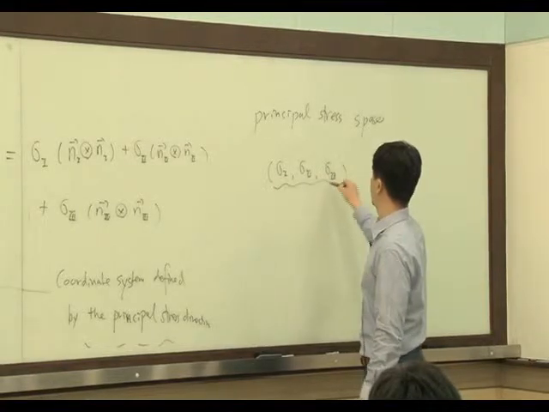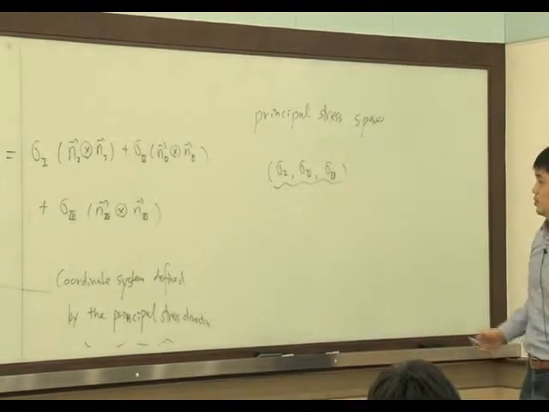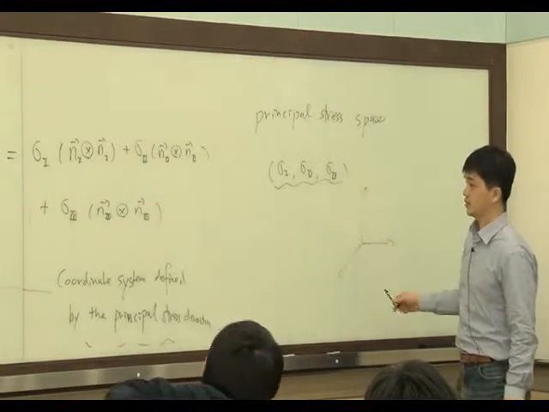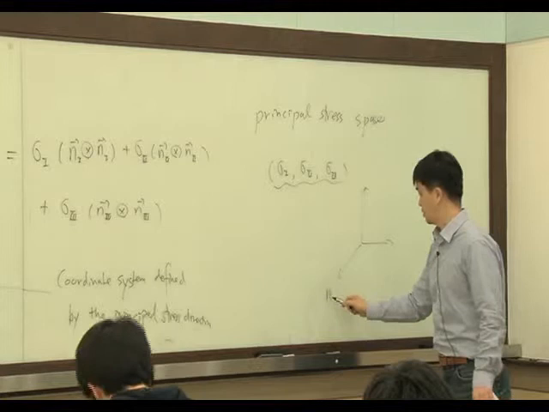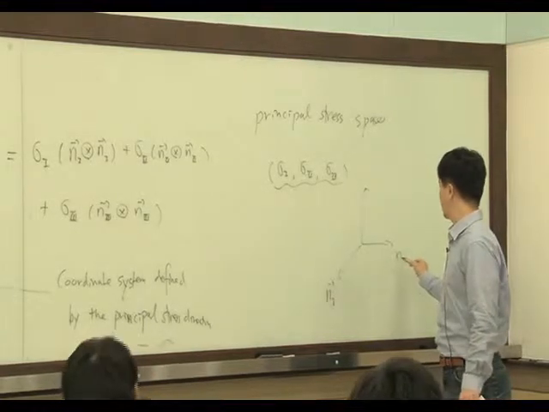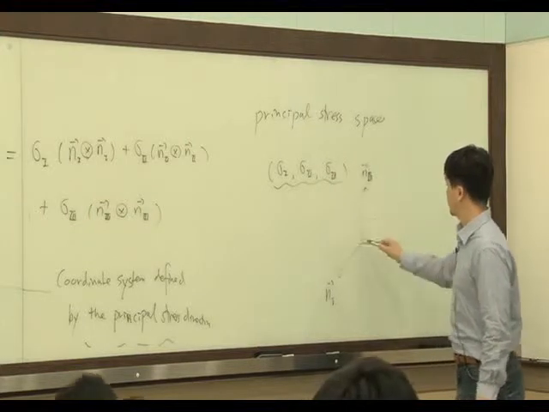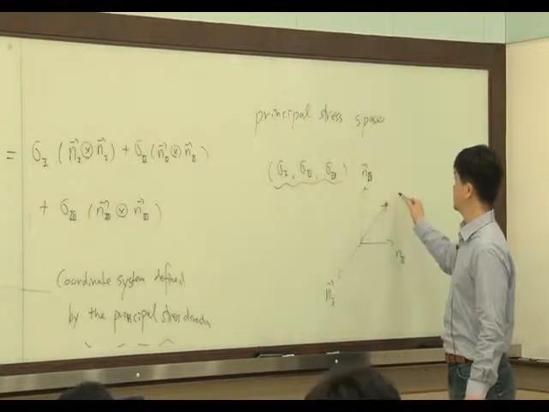This is the principal stress space. It's something like this: here sigma 1, sigma 2, and sigma 3. We can put some point somewhere.